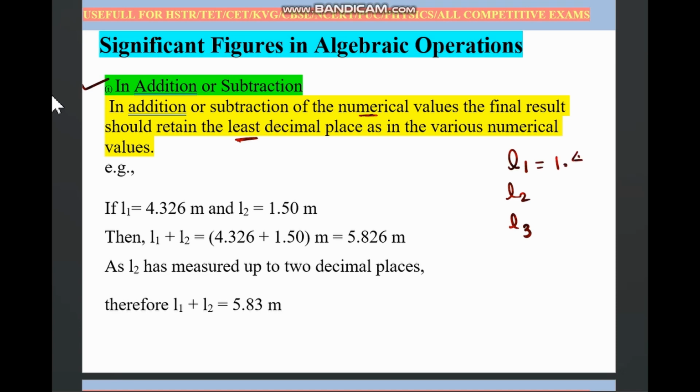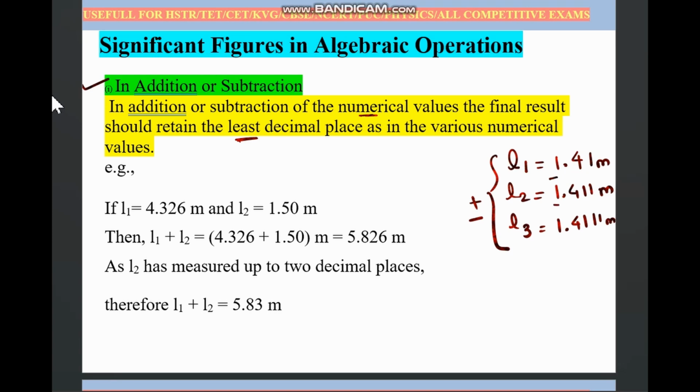In this I will consider L1 as 1.41 meter. L2 I will take as 1.411 meter. And L3 I will take as 1.1411 meter. While considering all these three for addition or subtraction, we have to consider the significant figures, which is the least decimal places available in all three.